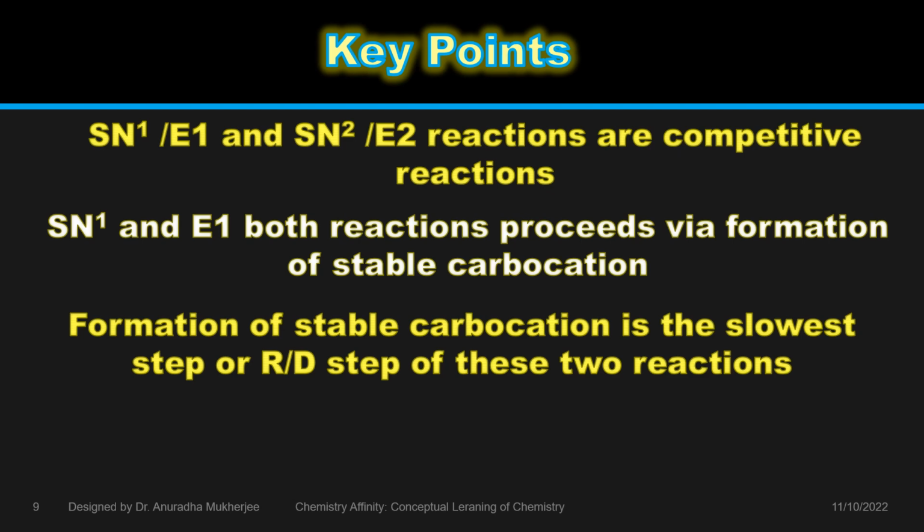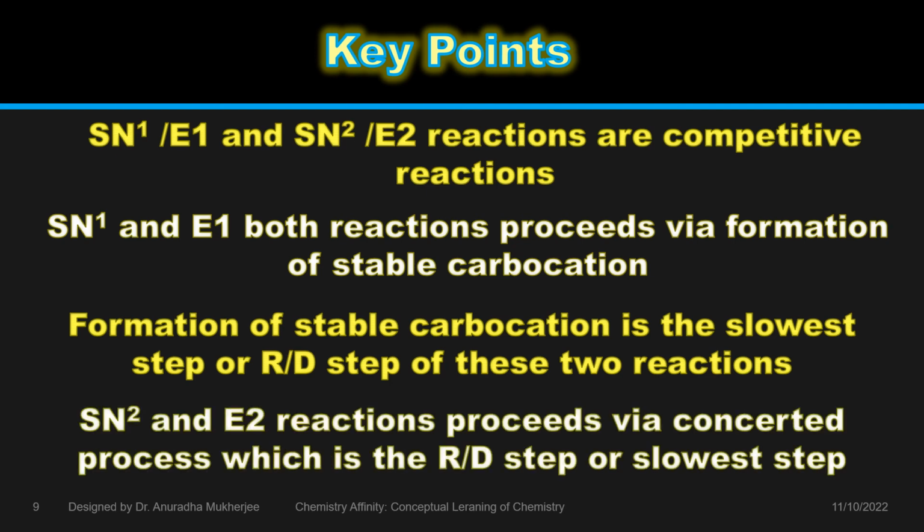So that's why formation of a stable carbocation is the slowest step or the rate determining step of SN1 and E1 reaction. In SN2 and E2 reaction, formation of a stable carbocation is not an important factor. This reaction proceeds via a concerted process, and this is the RD step or slowest step of the reaction.